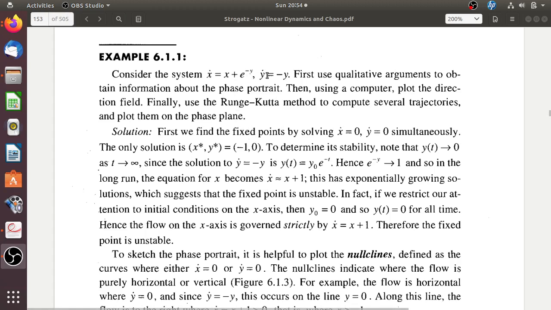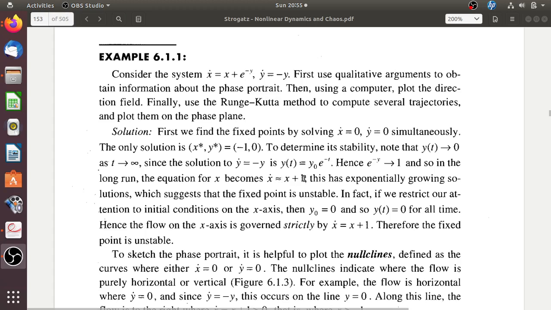Say the initial y is very close to 0, so I can approximate e to the power of minus y as 1. At that time I could approximate this entire equation as x dot is equal to x plus 1.